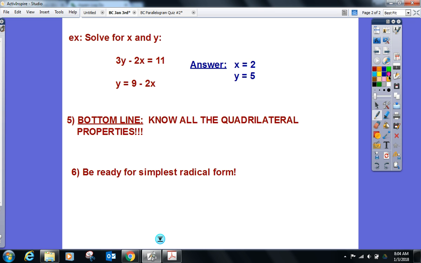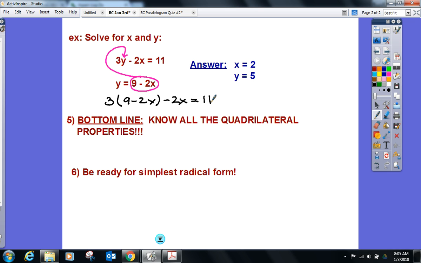Okay, so what you can do right now, and I'm not going to do the full thing here, is take 9 minus 2x and substitute it in for y in the other equation. So when you rewrite it, what's it look like? 3 times 9 minus 2x, minus 2x equals 11. Now you solve for x.